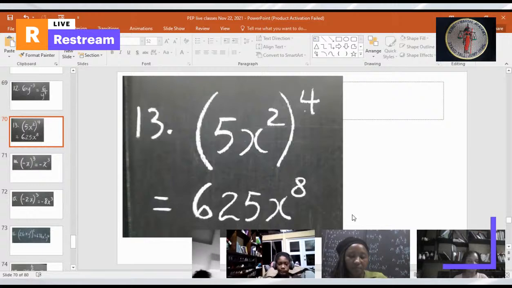First we would do 5 times itself 4 times, which would be 625, and for x squared we would multiply the 2 by 4, because when you're raising an exponent to a power, you multiply the exponent and the power. So 4 times 2 would give you 8. So 625x to the 8th power. Correct.